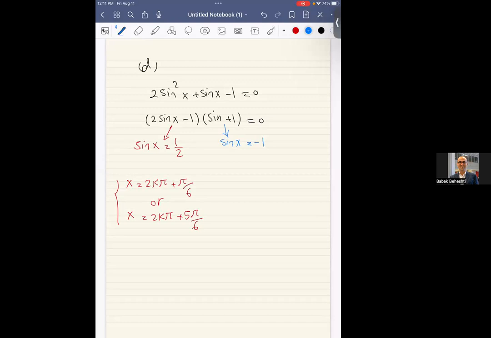And sine x equal to minus 1 gives x equal to 2k pi minus pi half. On the test, we have to write both of them, pi over 6 and 5 pi over 6. Yes.